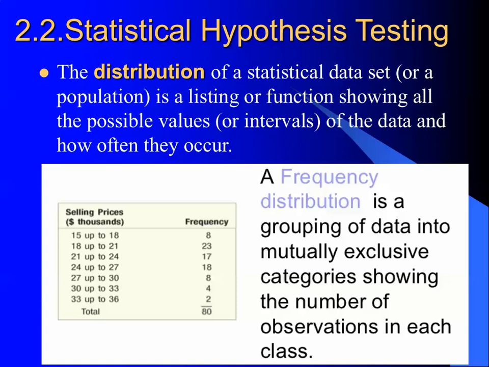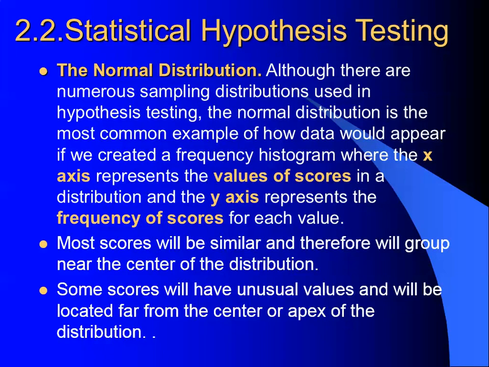So here is an example, first of all, the frequency distribution, when we group our data according to different intervals and just calculate how many observed values fall into each interval.